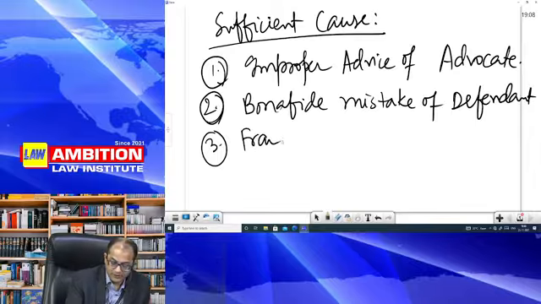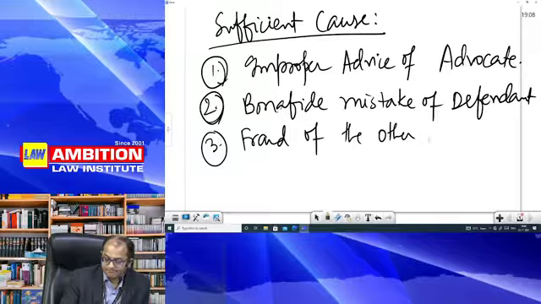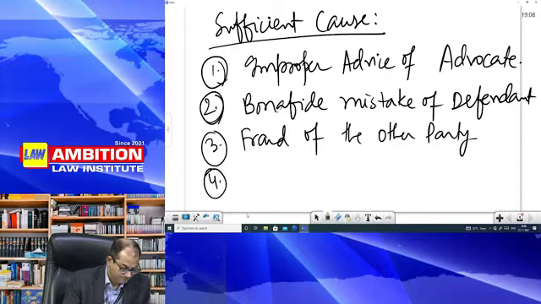Fraud of the other party. Negligence of guardian or next friend.